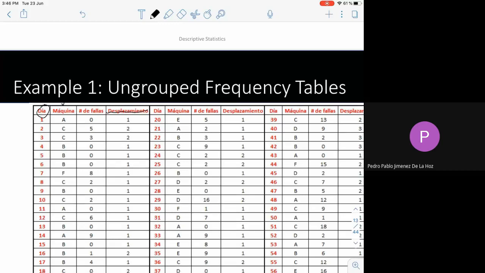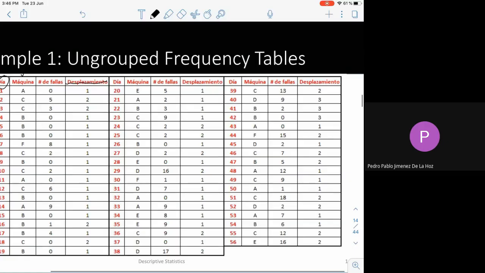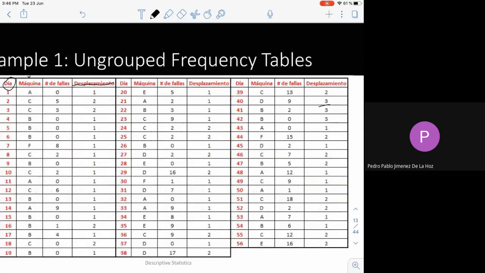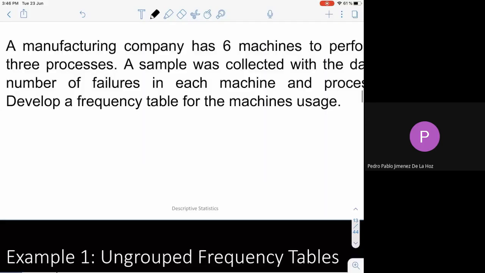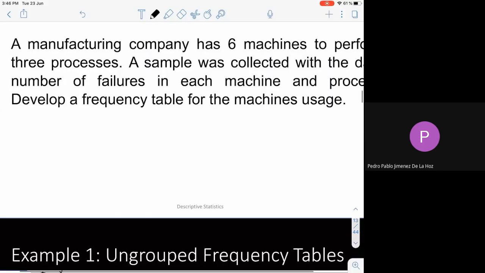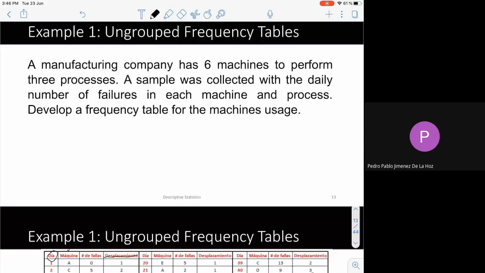There are three processes: 1, 2, and 3. The question here is to create a table so we can find the machine usage.